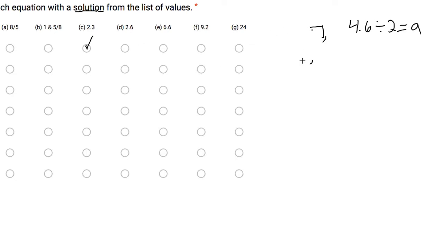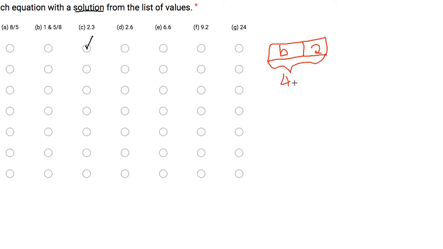Now for the second one here, we're asked b plus 2 equals 4.6. In this case, we would have a diagram that looked a little bit like this, where we have b plus 2, and our total is 4.6. Now again, we're not doing any multiplication or division because not each piece is the same.